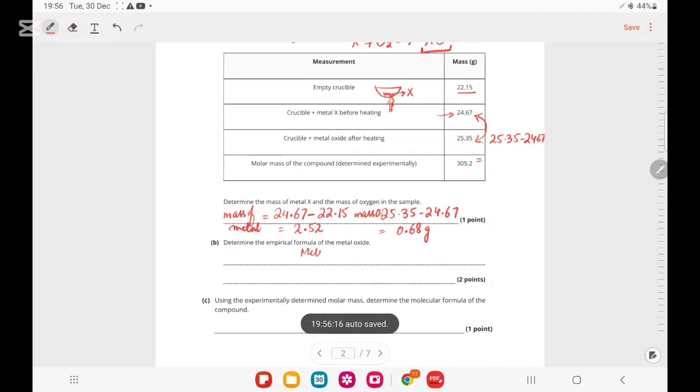Now we need to find the empirical formula. The metal is 2.52 grams and the oxygen is 0.68.